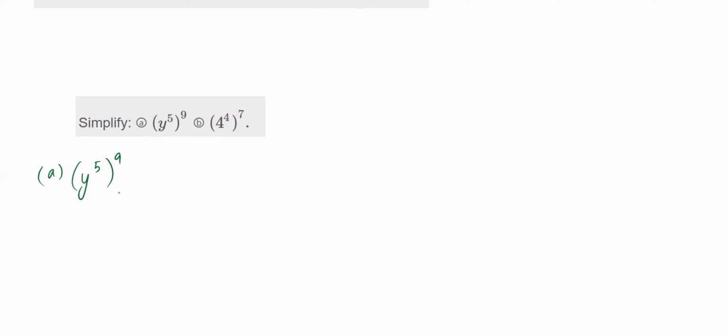3 layers. So the property, again, if you were to expand this, okay, that's going to be cumbersome, but I can kind of verbally explain it. If you were to expand this y power 5, this is going to be y power 5 times y power 5 times y power 5, like that, 9 times, right?